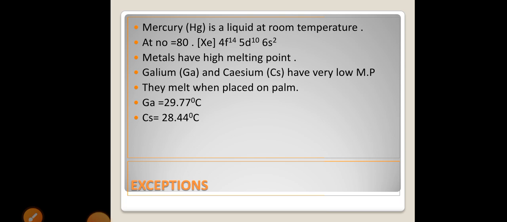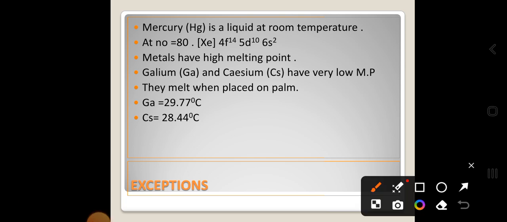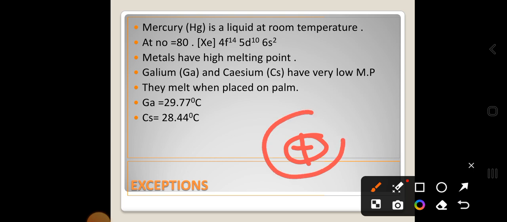Now, the reason for this: when we talk about the structure of an atom, we all know it has a nucleus in the center, which is primarily made up of protons and neutrons, and then there are electrons.